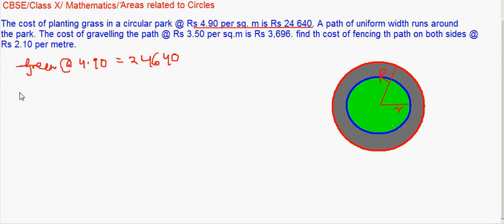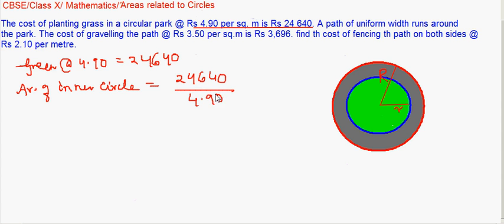So the area of the inner circle can be written as 24,640 by 4.90.